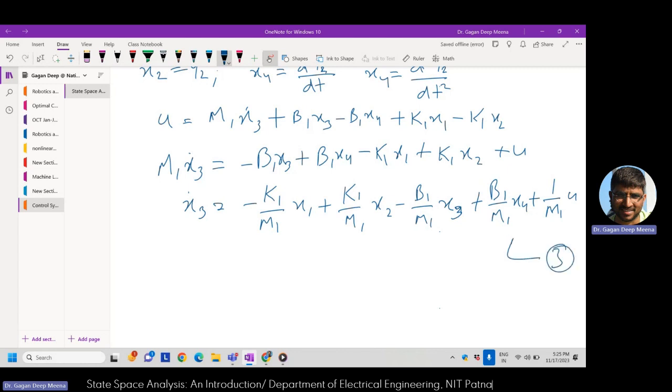And similarly, rewriting the second equation.